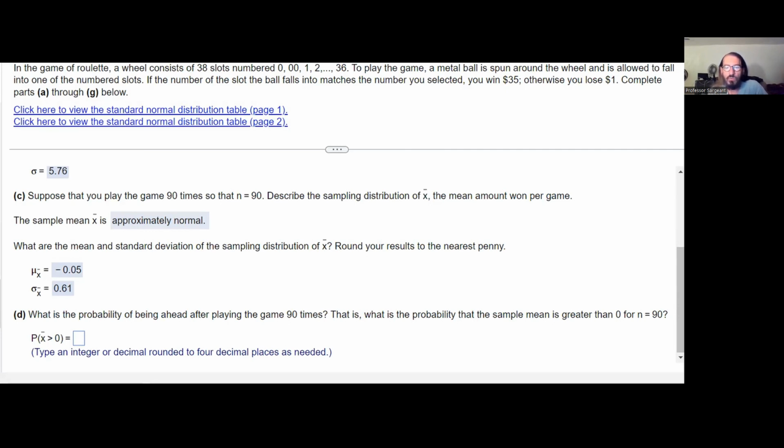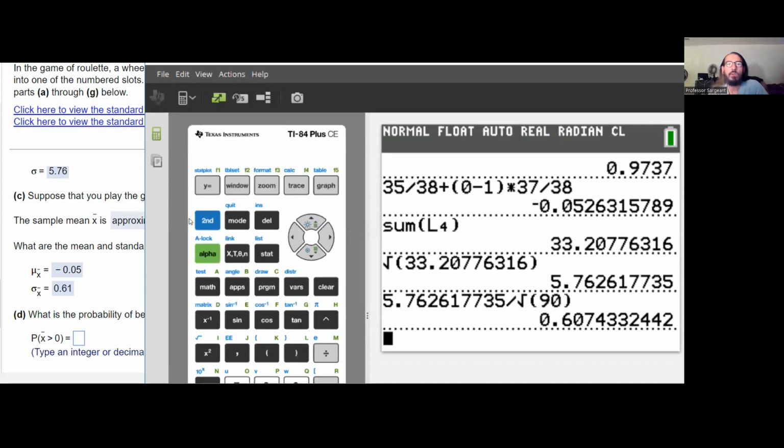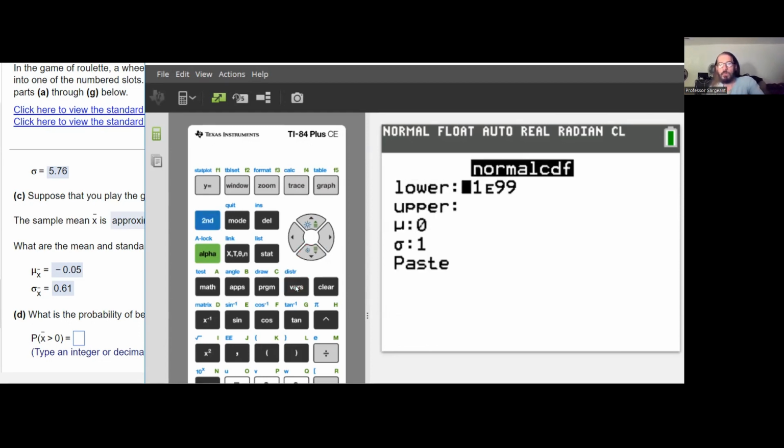Since this is TI technology, instead of using z-scores in the table, for X bar greater than 0, our shading is to the right. Start with 0 as a finite lower bound and 10 to the 99 as an infinite upper bound. Mean of -0.05, and standard deviation.